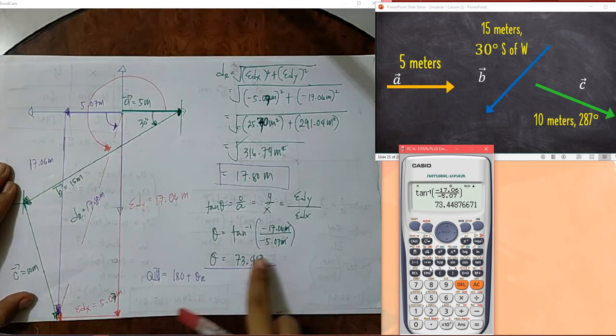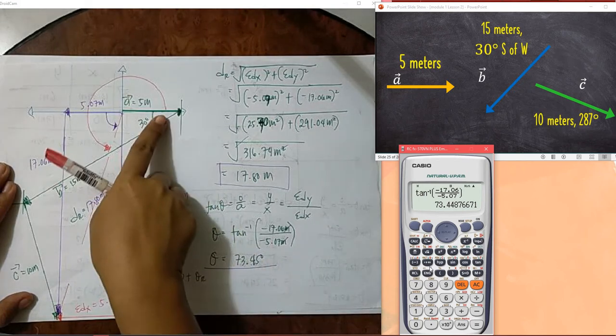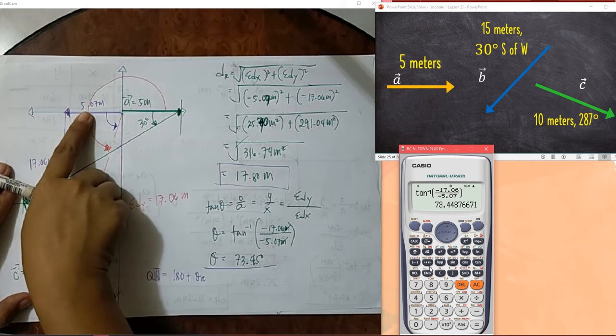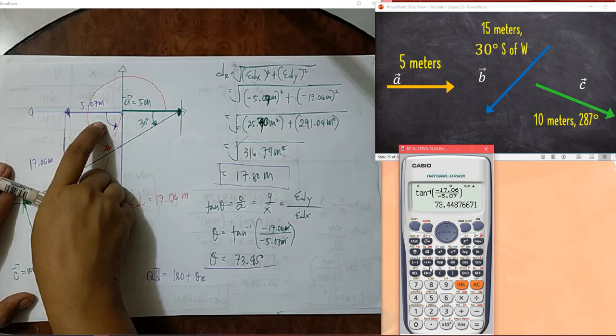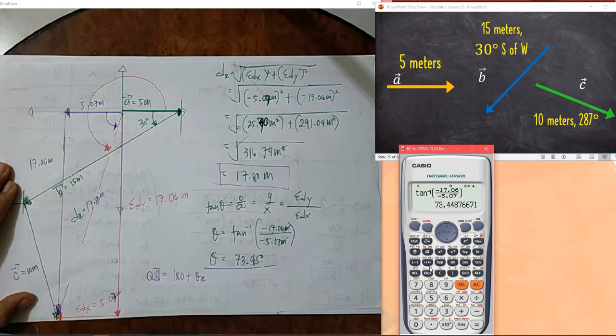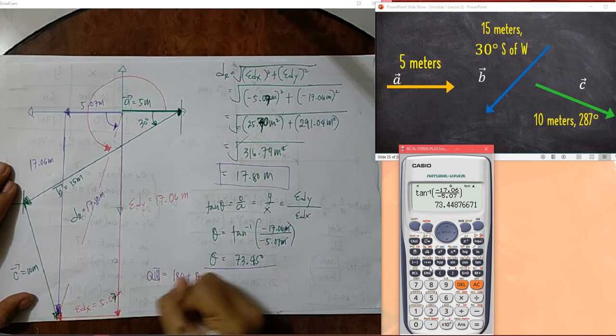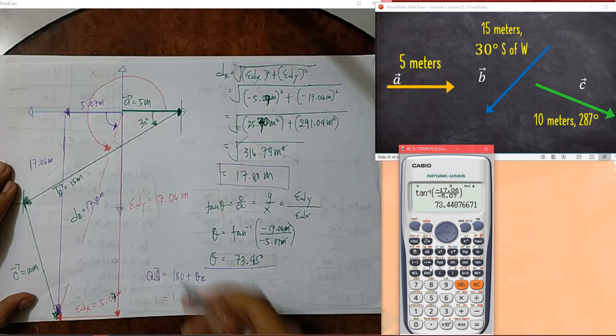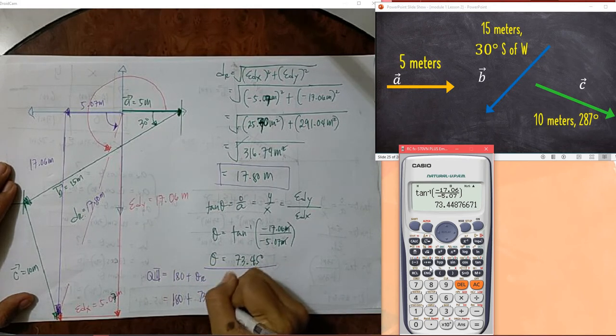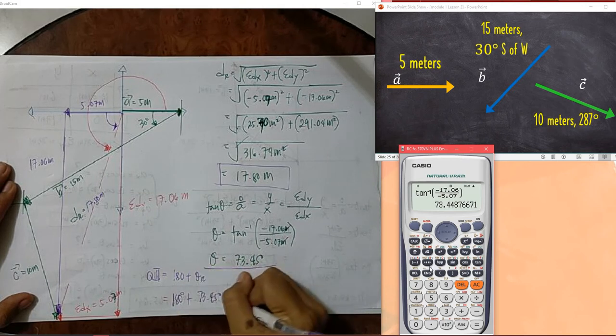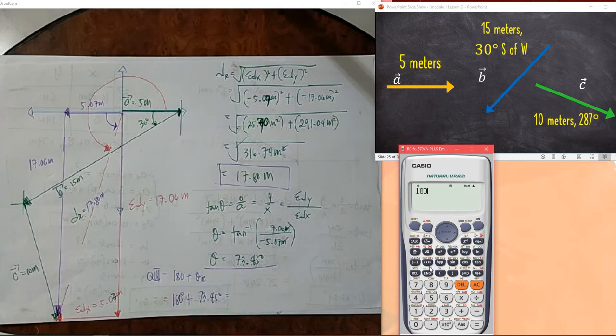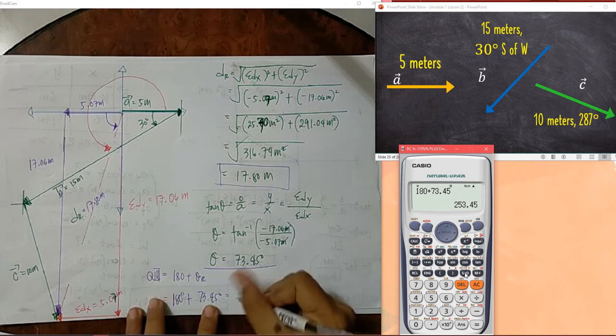Kaya, nag-add tayo ng 180 because from here, going to west, this is 180 plus this 73.45 degrees. So let us have here 180 plus 73.45 degrees. So let us use our calculator here. That is equal to 253.45.